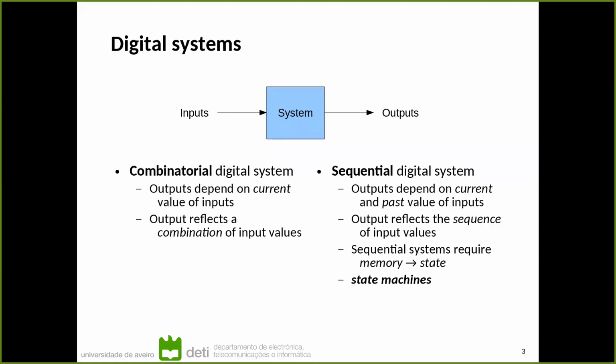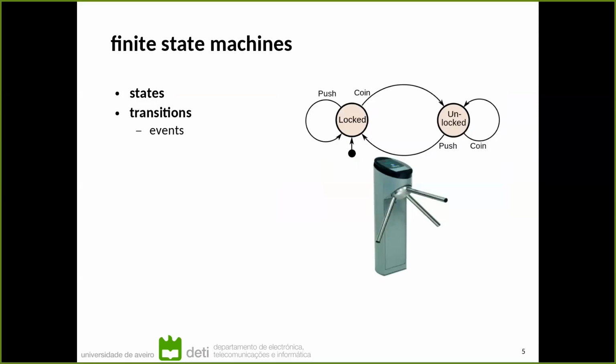And so sequential digital systems are also called and are based on state machines. And the formal representation for these systems, you all also know that, is by the concept of finite state machines.